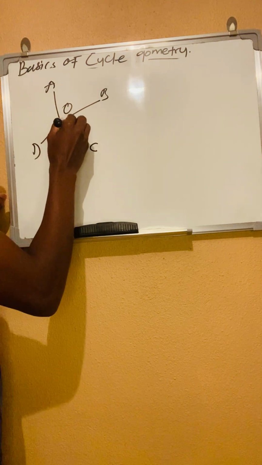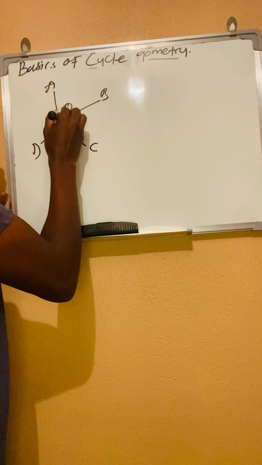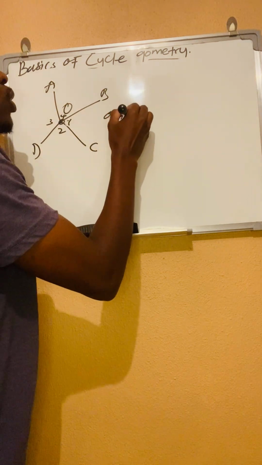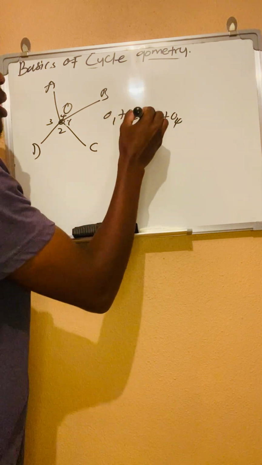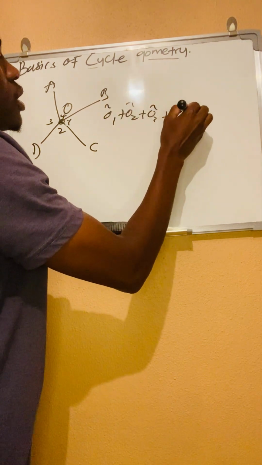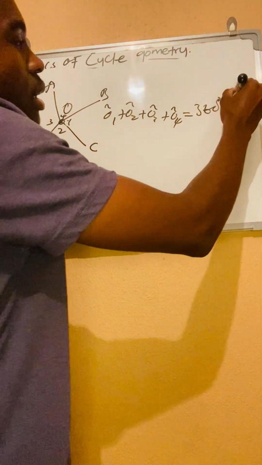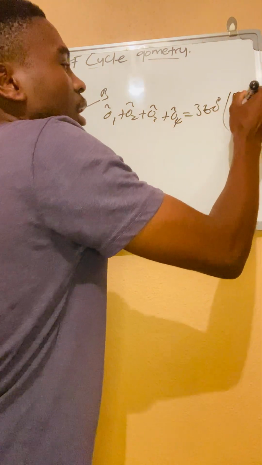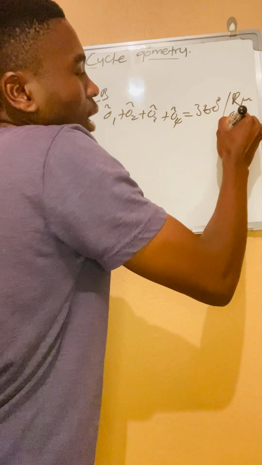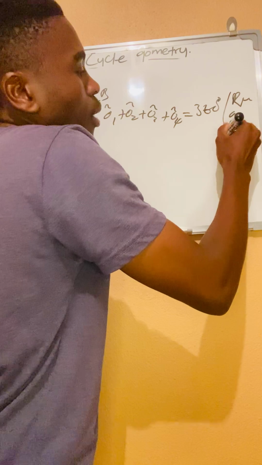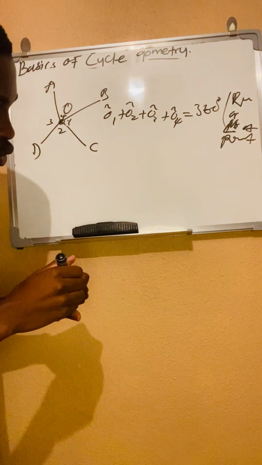So now we have O1, O2, O3, O4. O1 plus O2 plus O3 plus O4 is equal to 360 degrees. The result: revolutional angle, or angle at a point, is equal to 360 degrees. This is what you have to know.